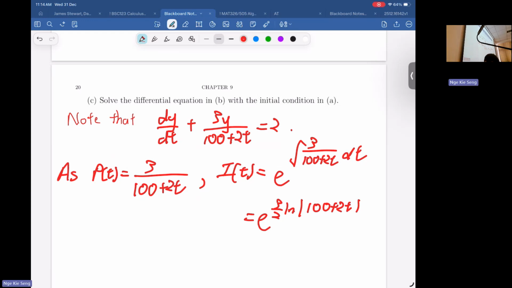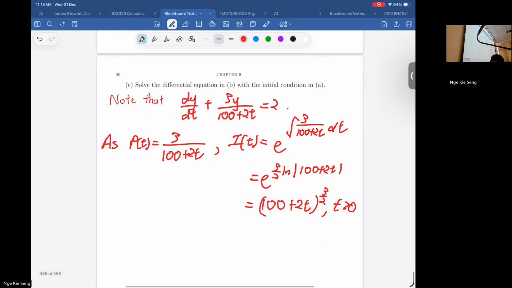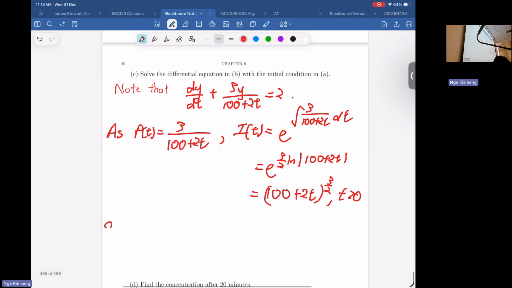If you notice, the absolute value here doesn't really matter, because t is time and is always positive, so this is always positive. So we are just left with 100 plus 2t to the power 3 over 2. So this is it. How about your solution?